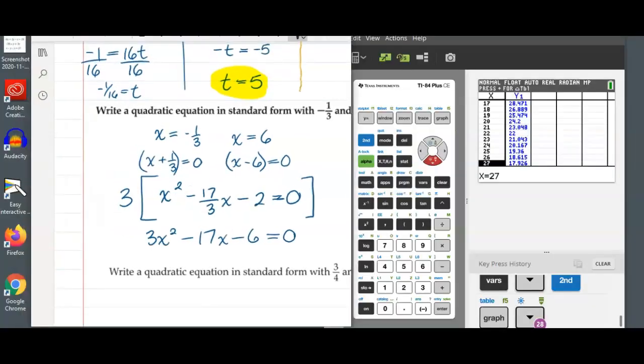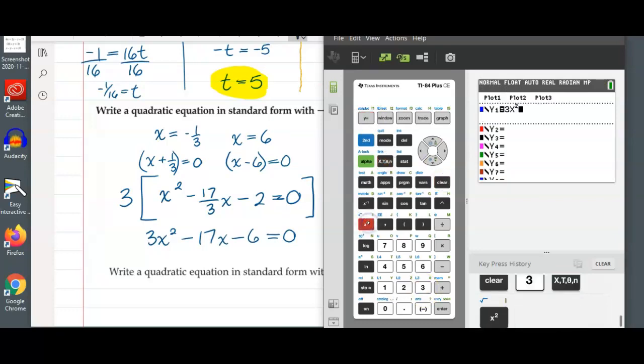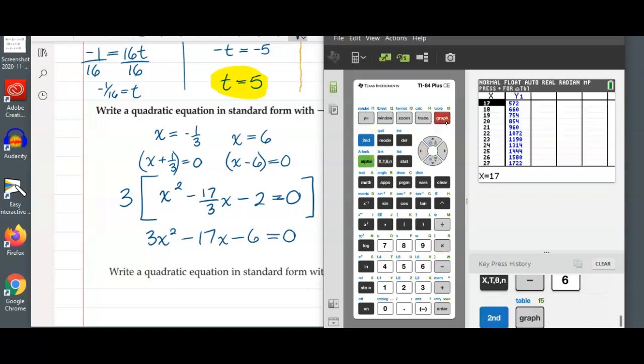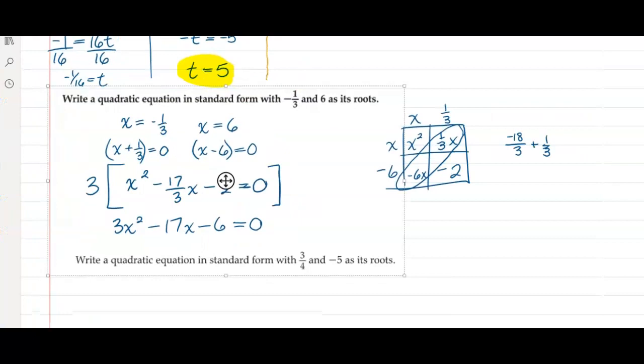In fact, just to practice solving by graphing, let's go ahead and type that into our calculator. 3x squared minus 17x minus 6, and then we'll graph, and it should cross at negative 1/3 and 6. And sure enough, it certainly looks like it does. We could again check it using our calculator's technology, but we're just trying to make sure our answer is correct and reasonable.